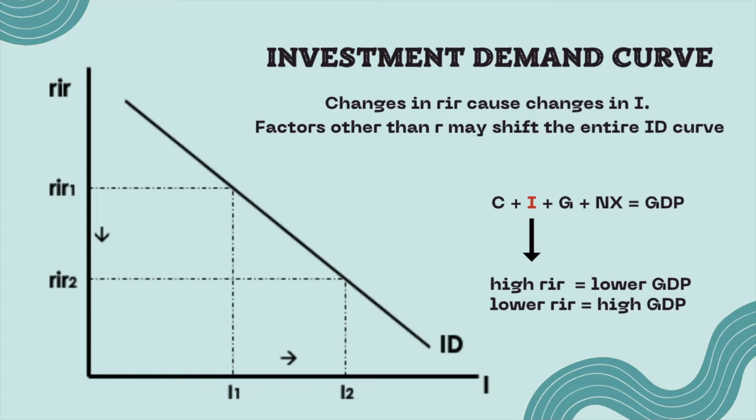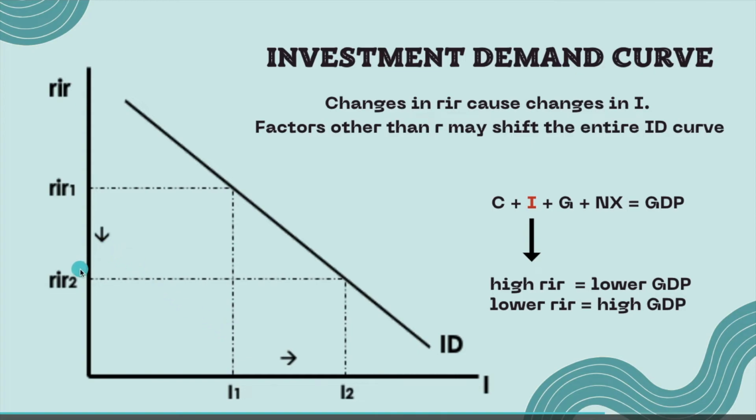This shows us that at the high interest rate, we will call this RIR1, notice that what results is a relatively low level of investment spending, as you can see in I1.